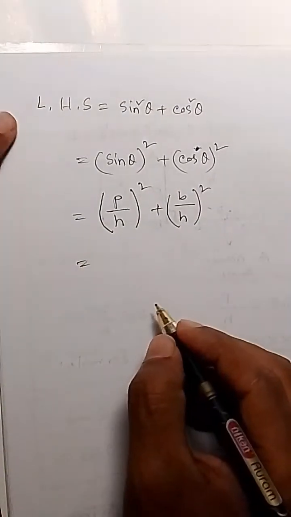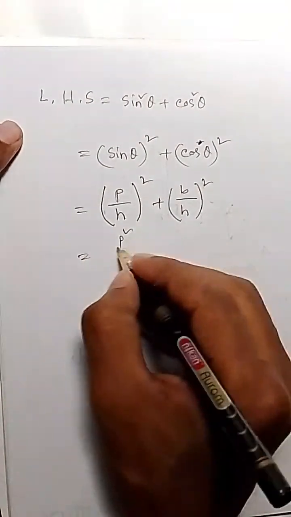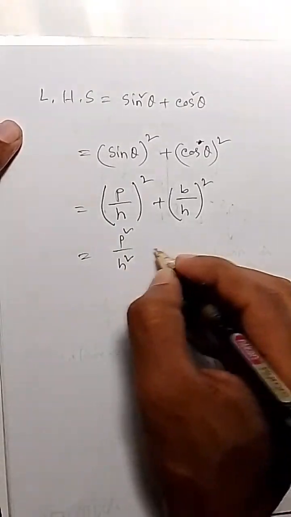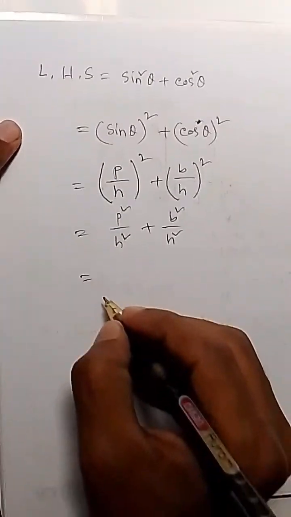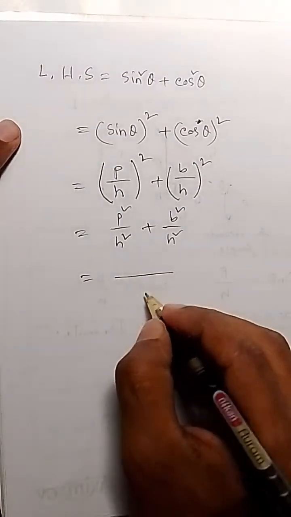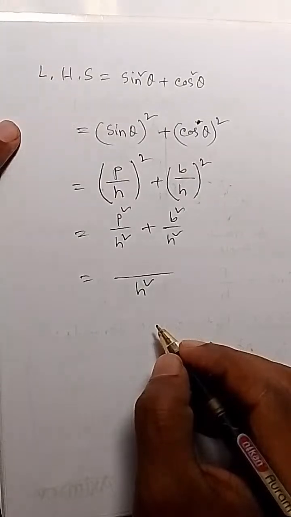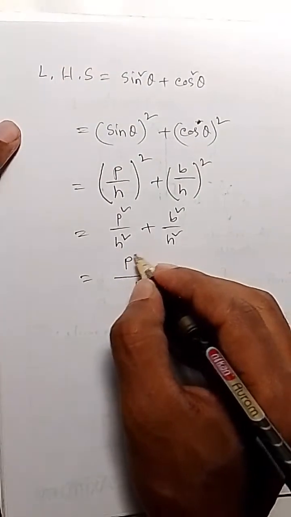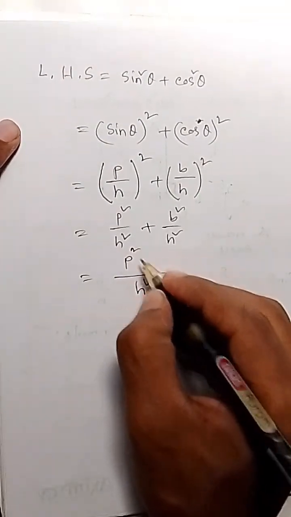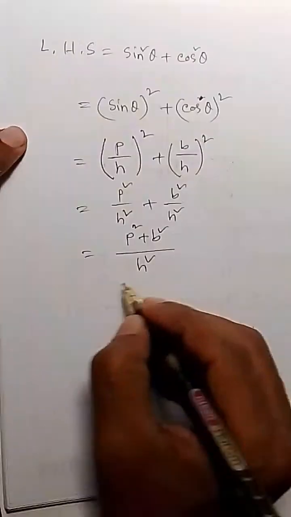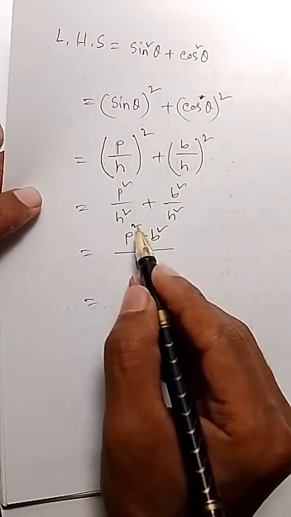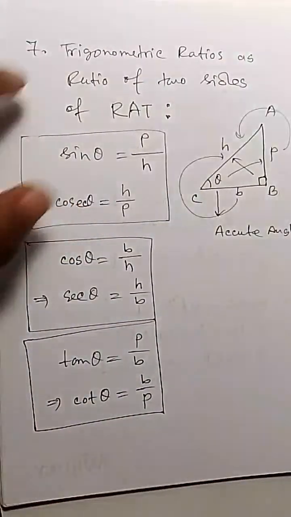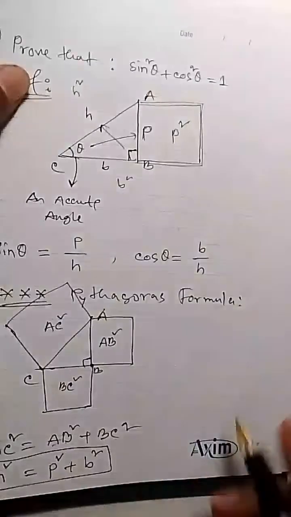So this is p square by h square plus b square by h square. If you take LCM, then you get h square in the denominator.